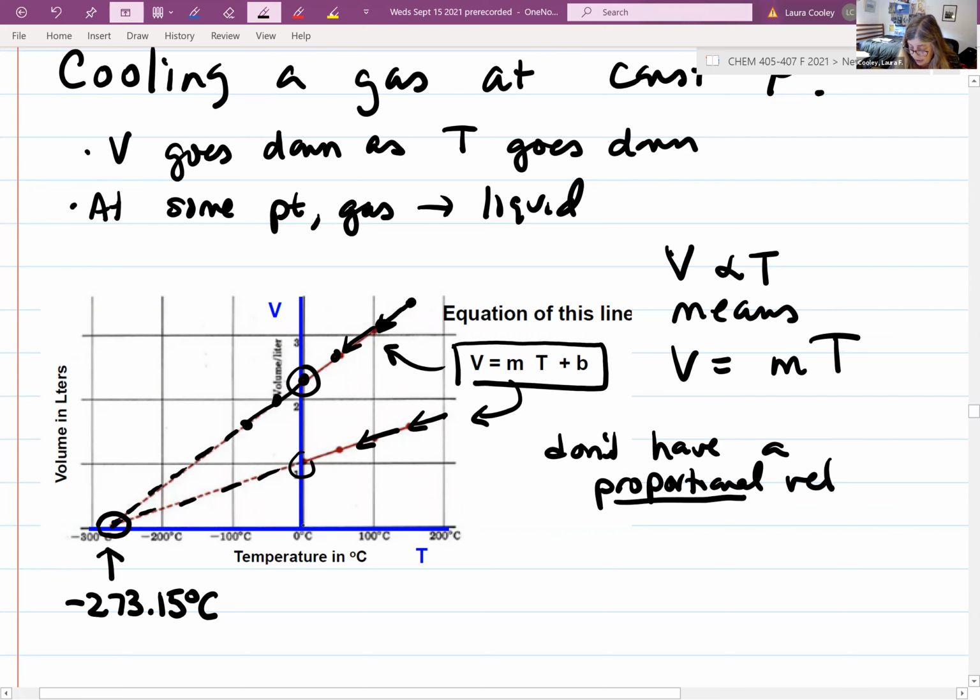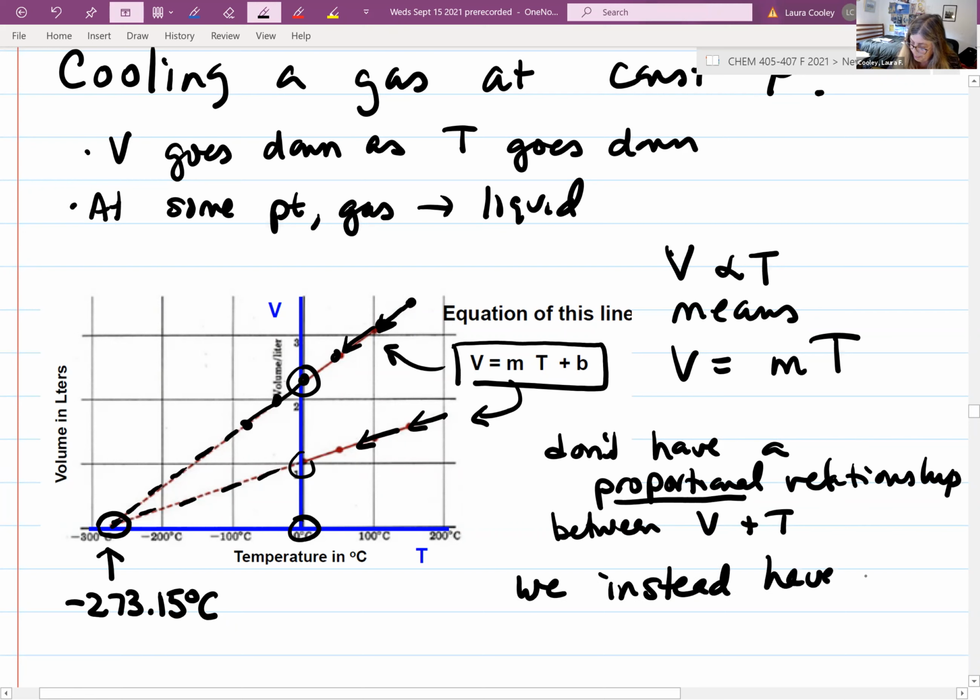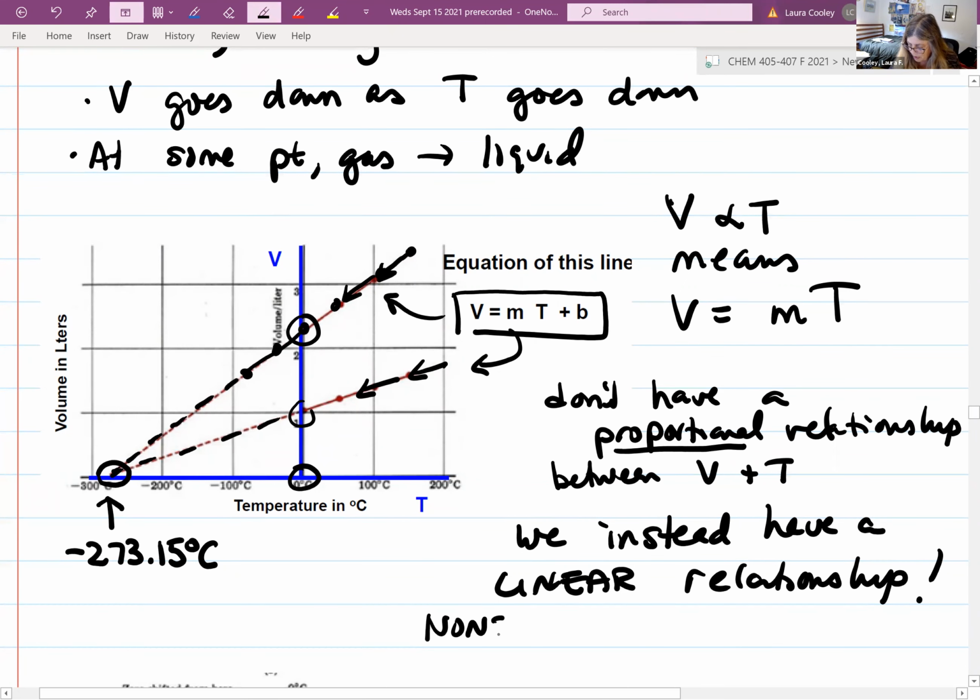A proportional relationship would have to go through the origin. We instead have a linear relationship, right? Because we have a non-zero intercept.